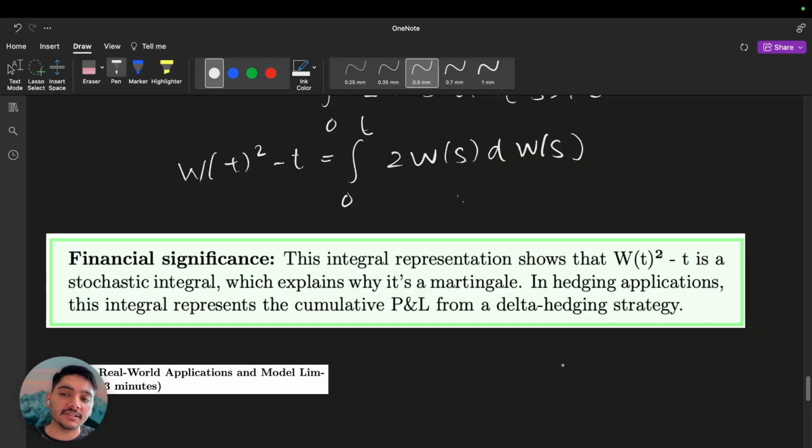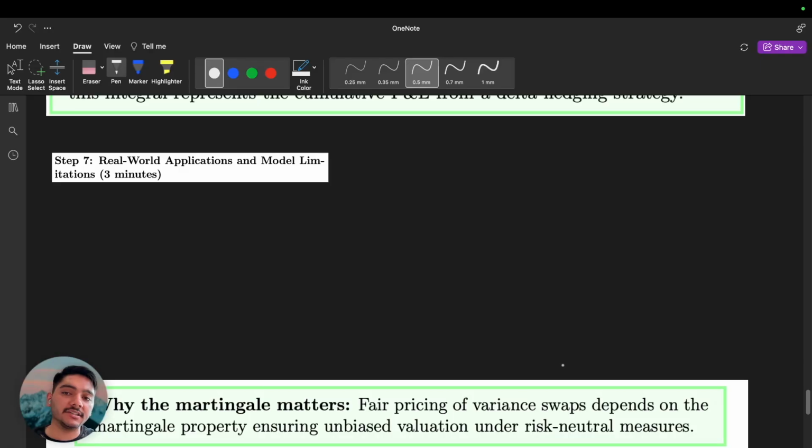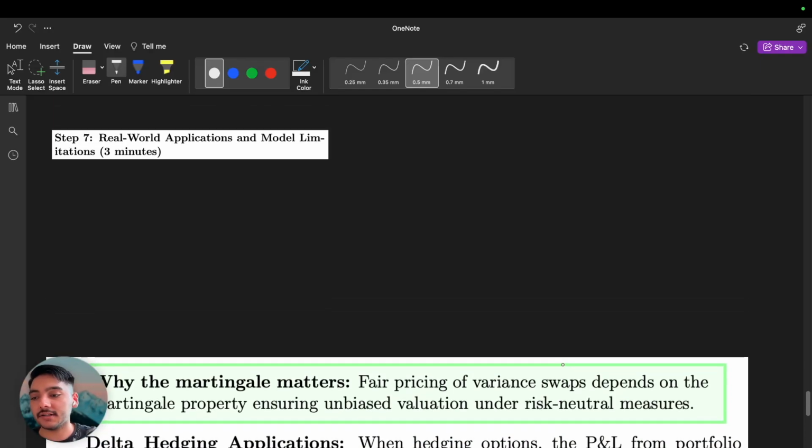In hedging applications, this integral represents the cumulative P&L from a delta hedging strategy. So let's talk about the real world applications and the model limitations, which is the main use case. The Martingale property has profound applications in quantitative finance, but also important limitations. First, variance swaps.